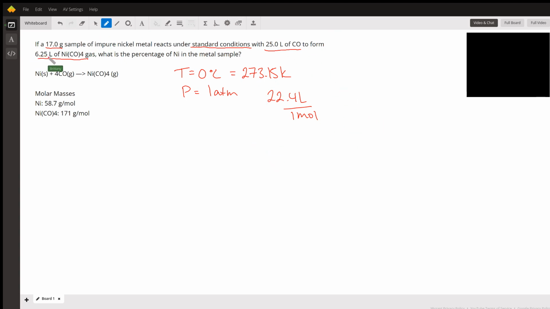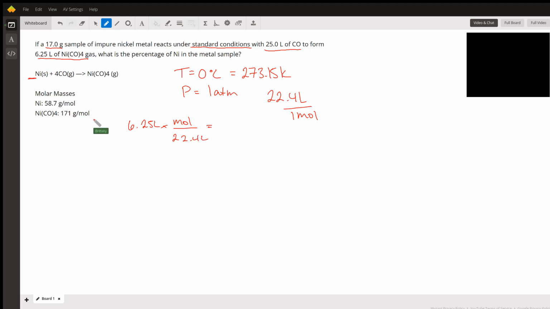So if we take the 6.25 liters of the nickel carbon monoxide gas and divide it by 22.4, this gives us the moles of our complex.